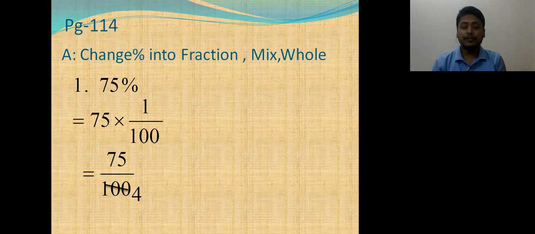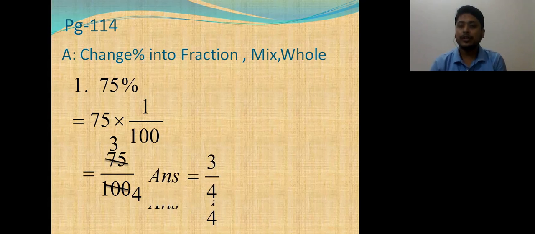So 4 twenty-fives are 100 and 3 twenty-fives are 75. Or you can divide by 5, then again by 5, and you will get 3 and 4. Or you can directly cut by 25. Both are correct. You can divide directly by 25 or step by step. So the answer is 3 by 4. It is only a fraction.